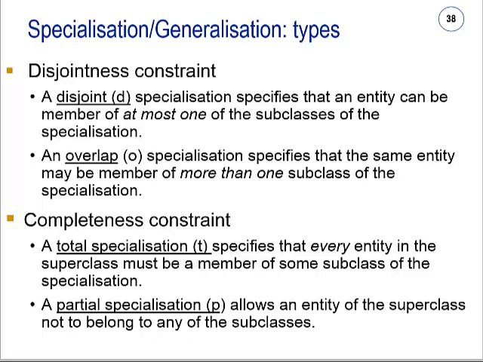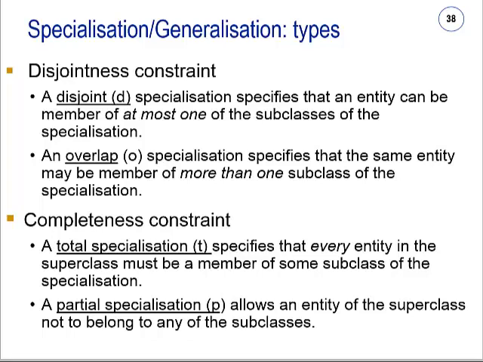A completeness constraint qualifies the completeness of the specialization. A total specialization specifies that every entity in a superclass must be a member of some subclass of the specialization. In our example of person being specialized into professor and student, this would imply that every person is either a professor or a student.